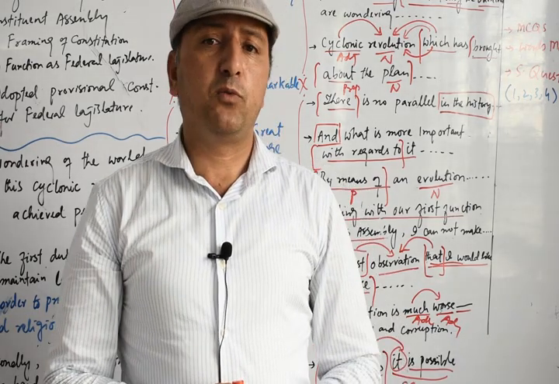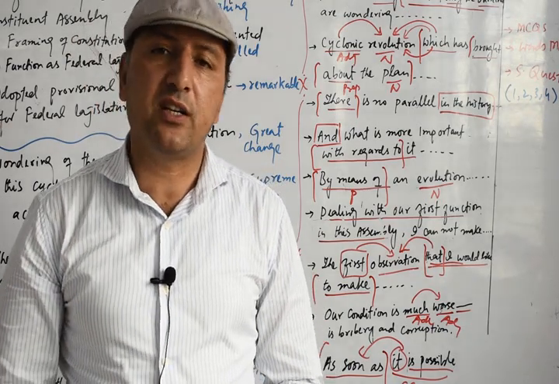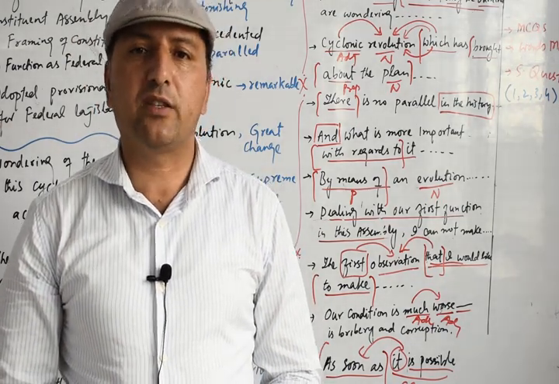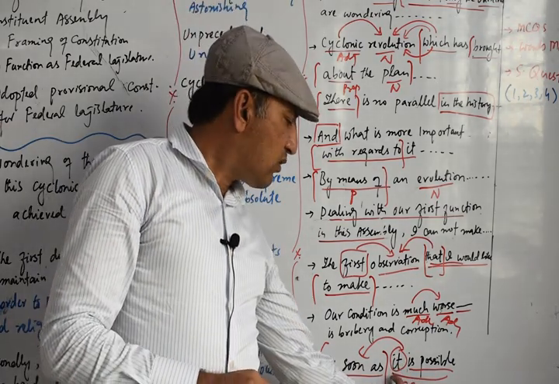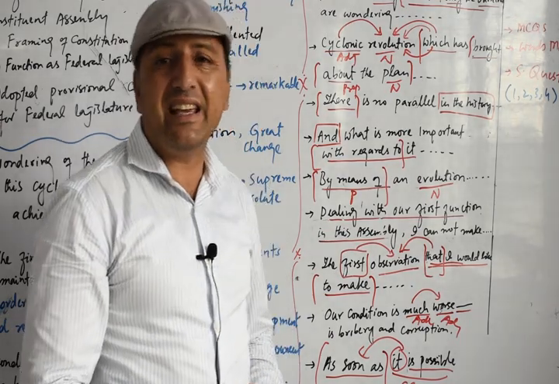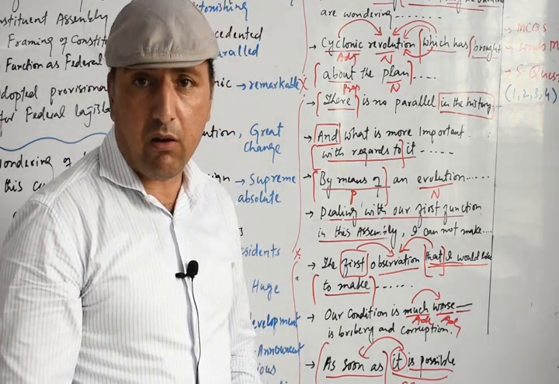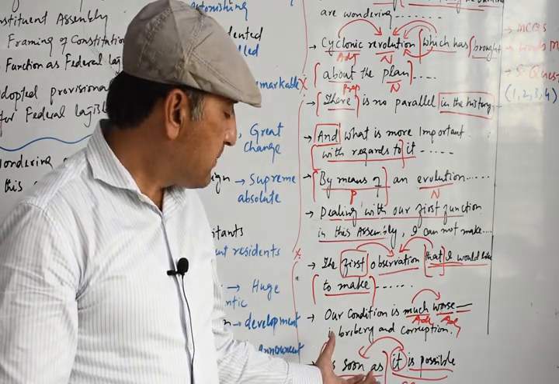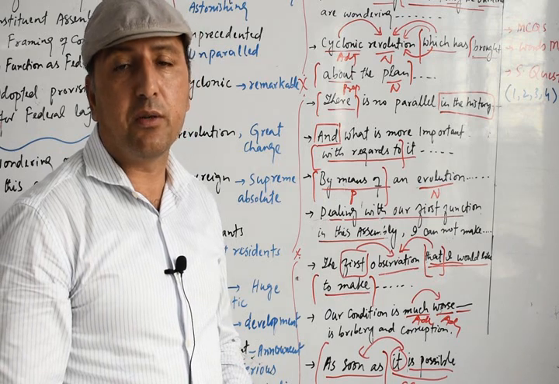But sometimes we might have a phrase which works as a conjunction. So as soon as is a conjunction and it is followed by a clause. We call it a subordinate clause because as soon as is a subordinate conjunction. So any clause which follows this subordinate conjunction, we call it a subordinate clause.